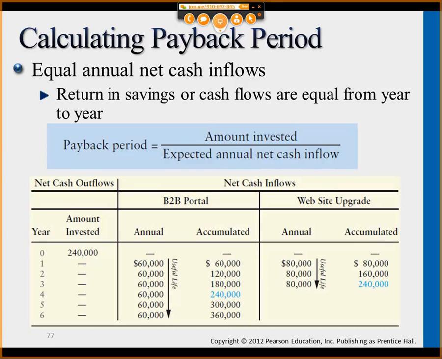So we can calculate the return in savings or cash flows that are equal from year to year, right? Equal from year to year right here. Quite often they're just given to you. So our payback period is amount invested divided by expected annual net cash inflow.